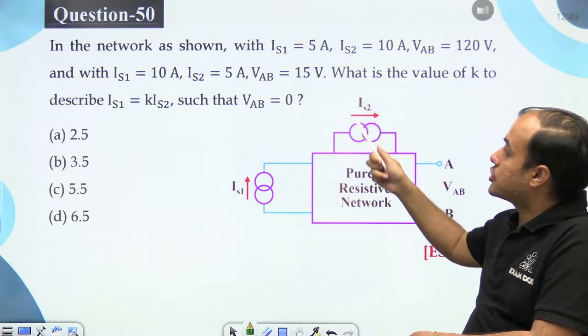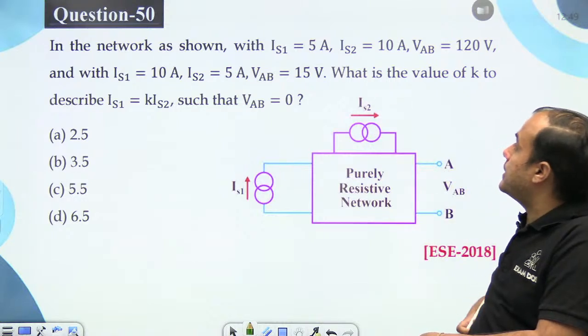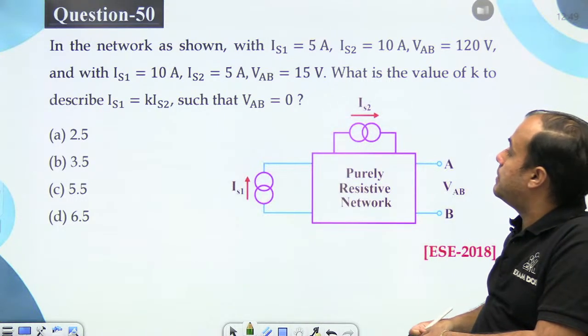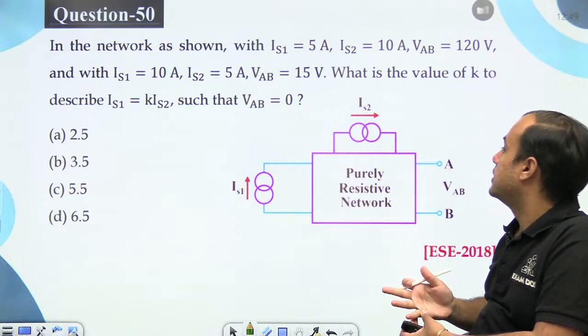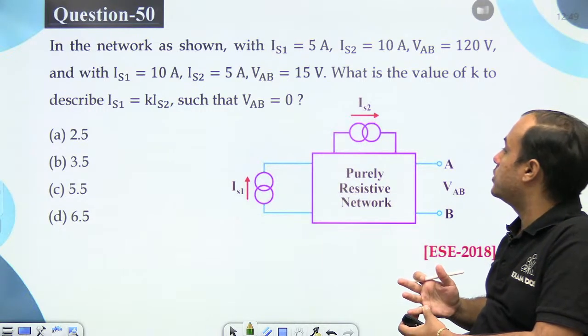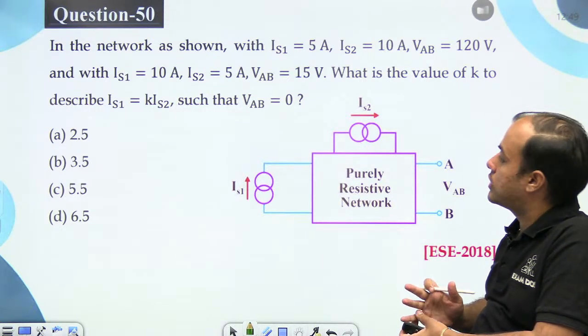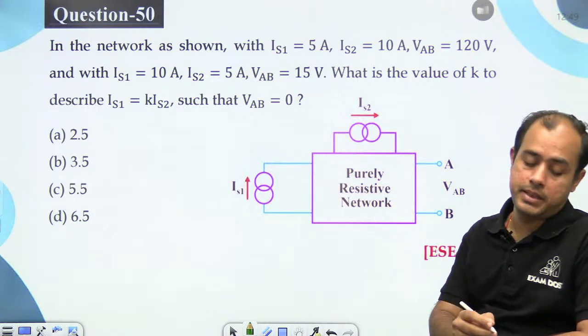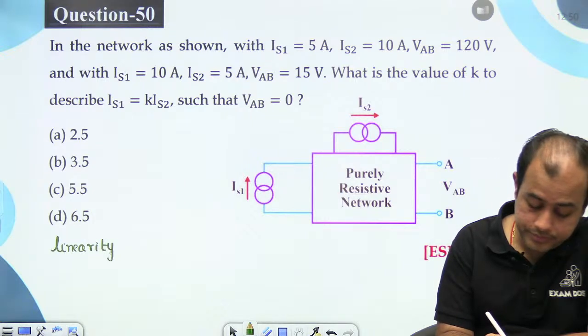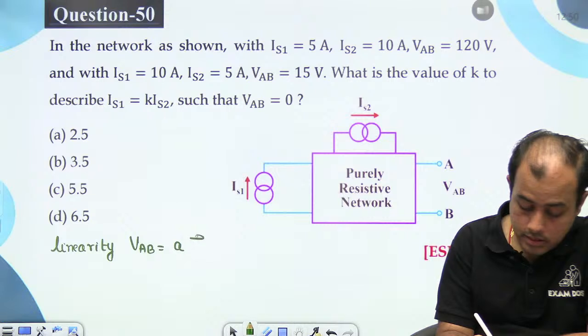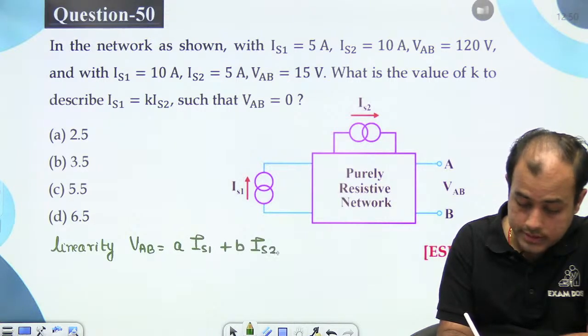In the network shown with IS1 5 ampere, IS2 10 ampere, VAB 120, IS1 10, IS2 5, VAB 15. What is the value of K to describe IS1 equal to K IS2 such that VAB is 0? So beta by linearity, VAB is a linear combination of the two sources.